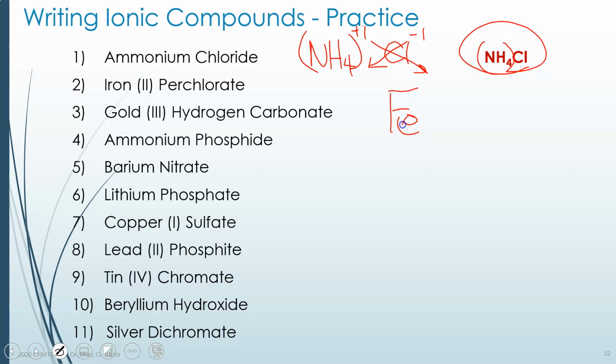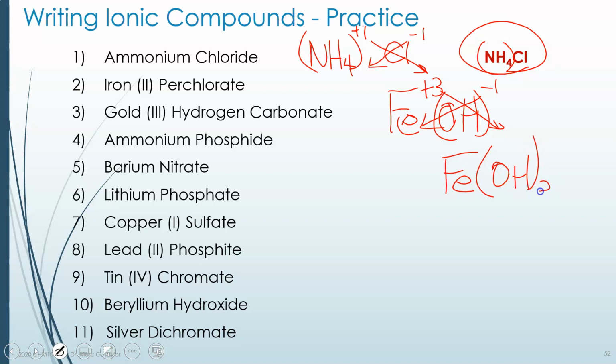there were iron and hydroxide, and you said it was iron 3 hydroxide, that's -1. Well, you need to crisscross here. You'd find that your formula is Fe(OH)3, Fe and 3 OHs.